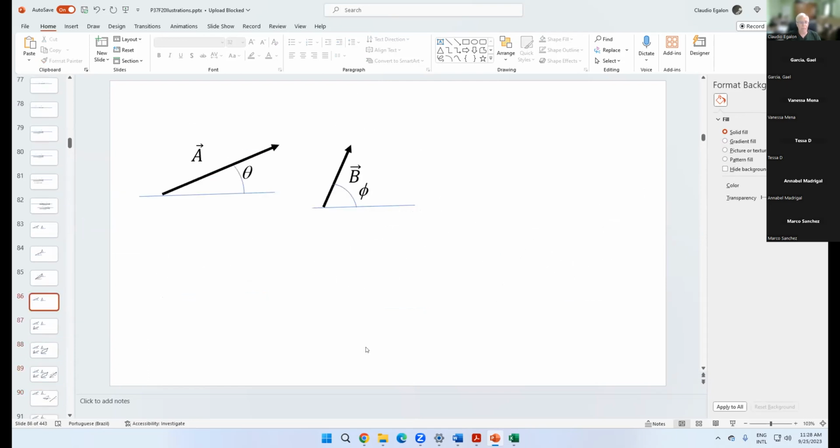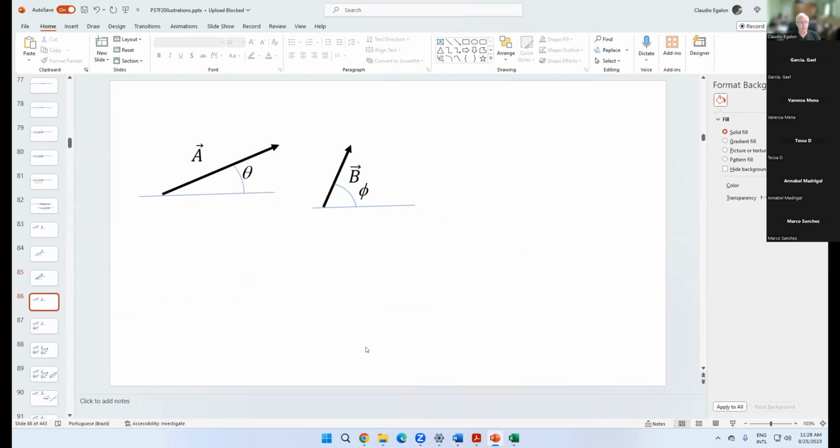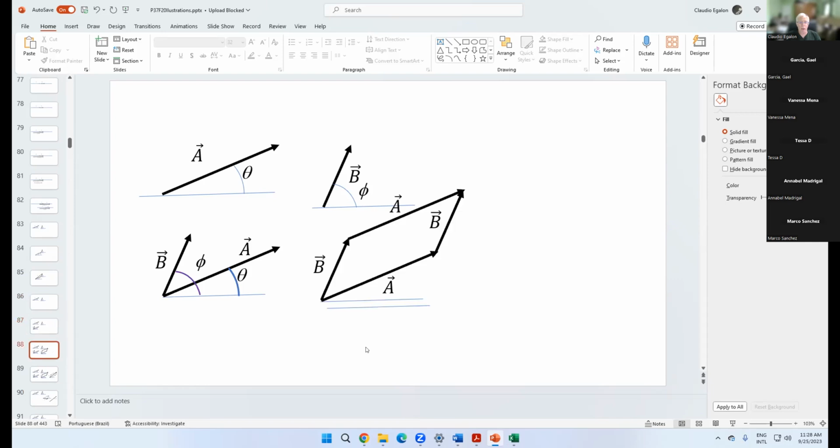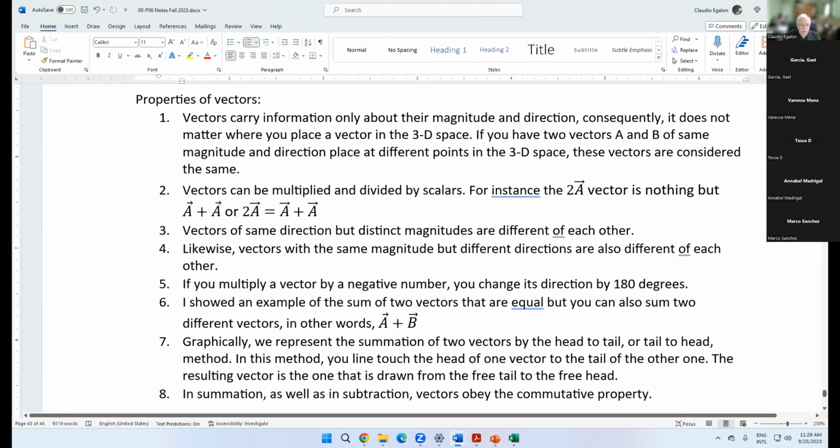Let's do that again. Here you go. Here's the head to tail method, right? Here's the parallelogram method. A and B line up their tails. Draw a parallelogram out of those two vectors and connect one corner at the tails to the corner at the two heads.